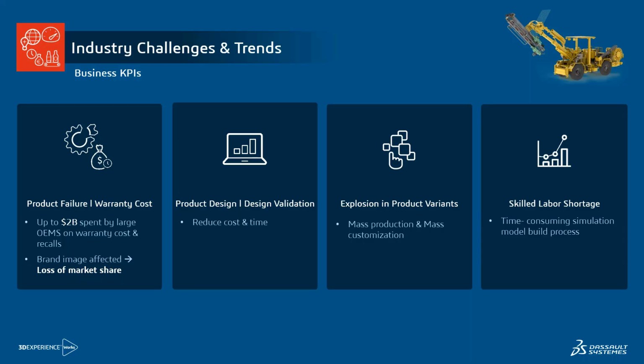One of the biggest challenges they have is skilled labor. It can be on the ground or at the design level, where to perform such simulation, skilled labor is needed. But this is something we, as Beacon and Dassault Systèmes, are there to help you address.